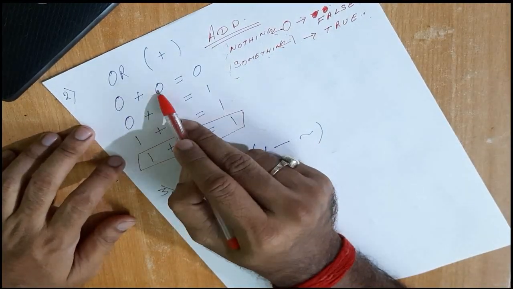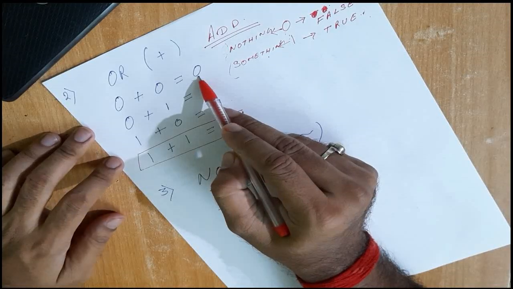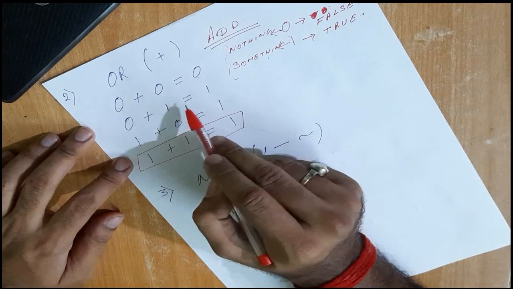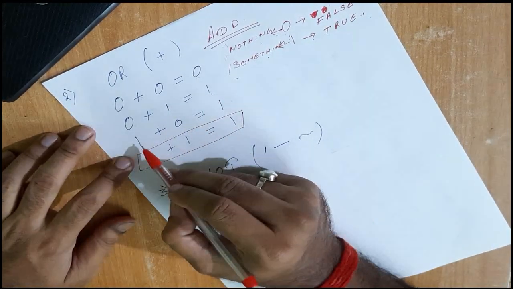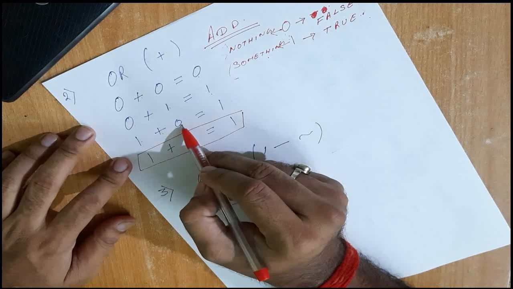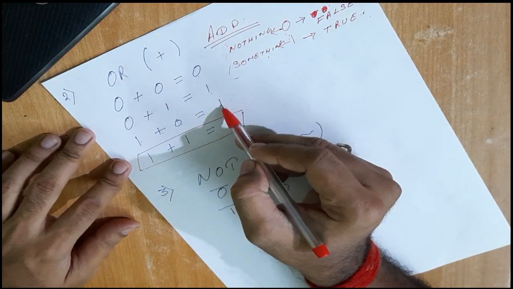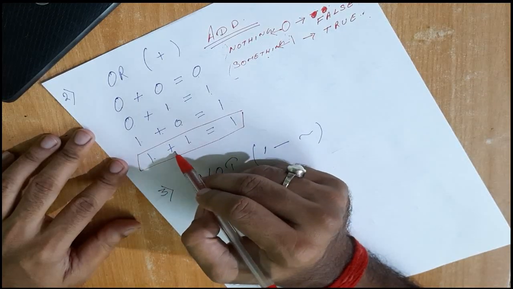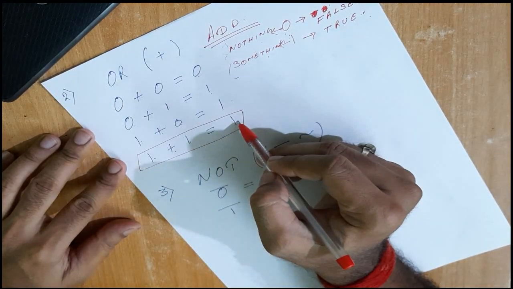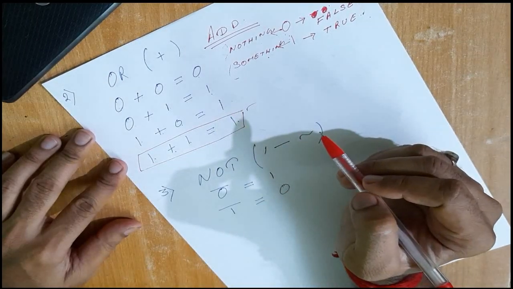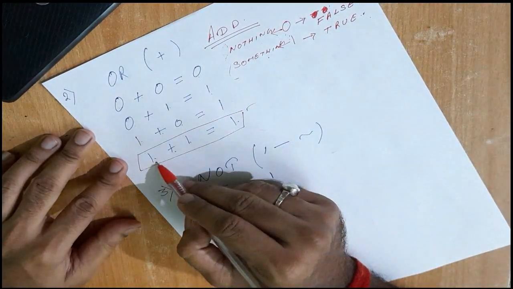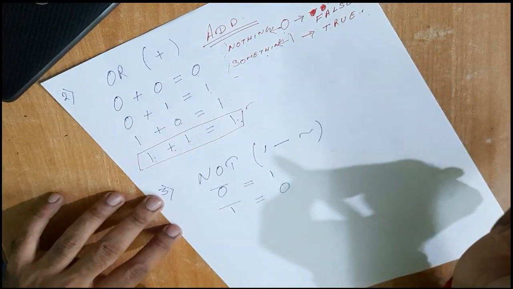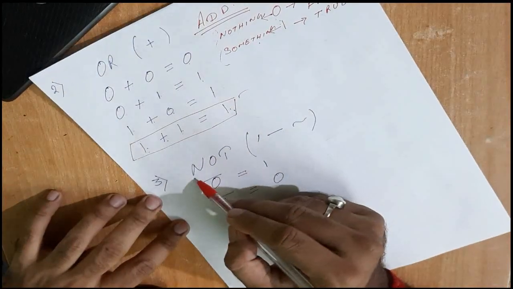Nothing plus nothing, I'll have nothing. Nothing plus something, I'll have something. Something plus nothing, I'll have something. One something and one something, if we add, I'll have something. Now this makes sense. Similarly, true plus true is true. Understood, everybody?